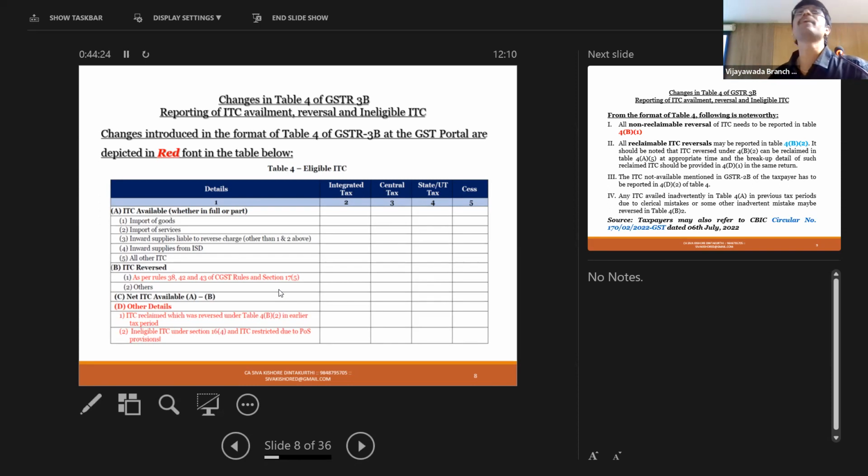Different ITCs have to be reported in different places of 3B of a particular month for a single customer, of all his vendors, by making a single line item reconciliation. How much time do you require? How much data required by the party to be maintained?